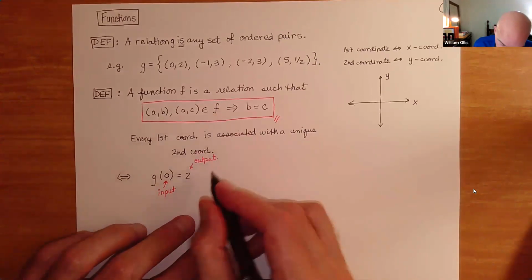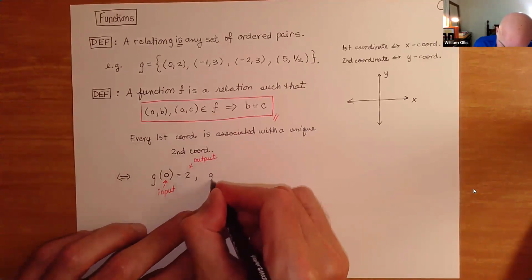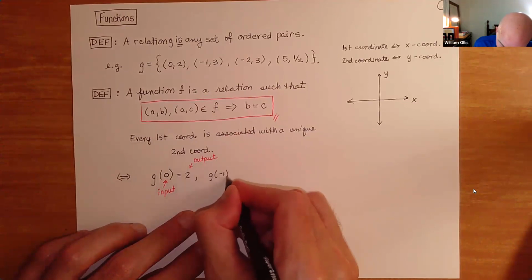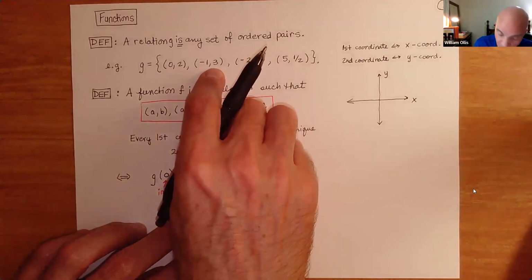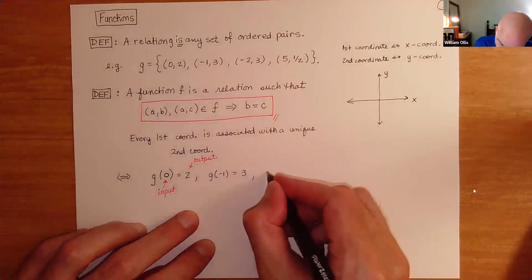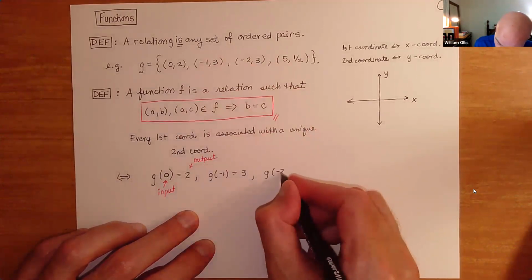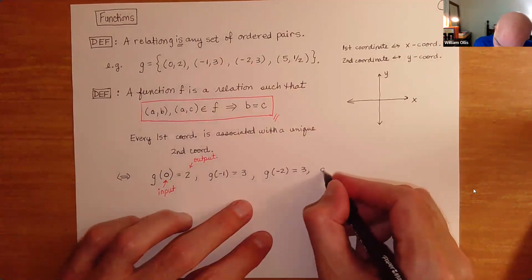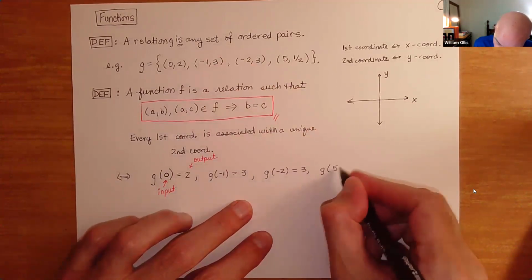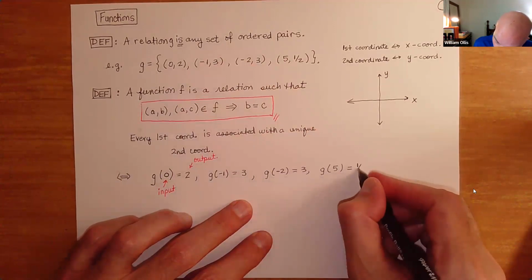Let's continue. G of -1 would be 3 based upon that element of G. G of -2 would be 3. And lastly, G of 5 will be 1/2.